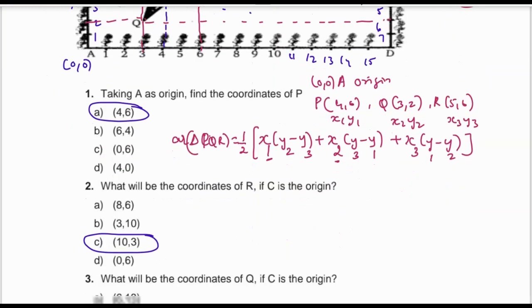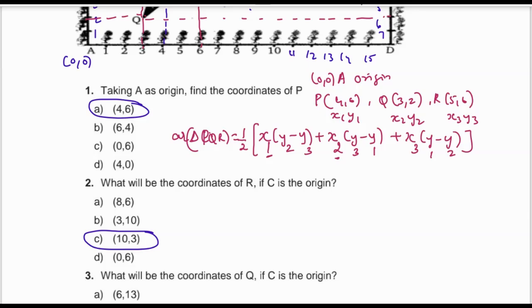So now the area of the triangle by using the points they have given, we get 1 by 2. So x1 is 4 and y2 will be 2, 2 minus y3 will be 6. Yeah, y2 minus y3, here it is 6 comma 5, not 5 comma 6, so x is 6 and y is 5.